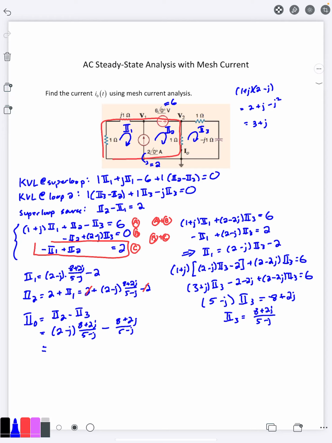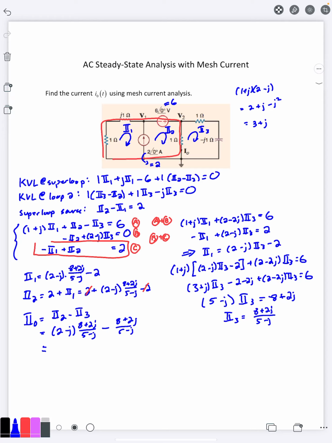I'm going to plug all of it in, let it do all the hard work for me. So I have 2 minus j times the fraction 8 plus 2j divided by 5 minus j. And I'm going to take that, and then I'm going to subtract the fraction 8 plus 2j divided by 5 minus j.